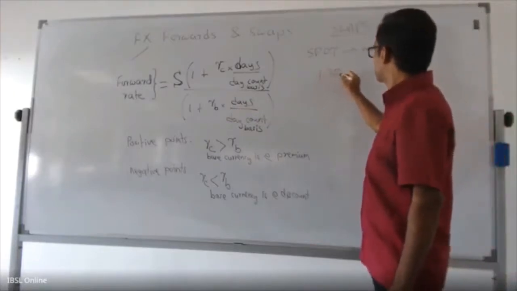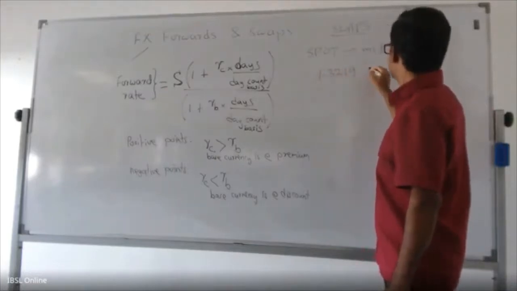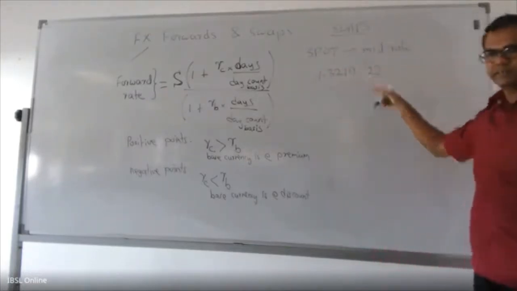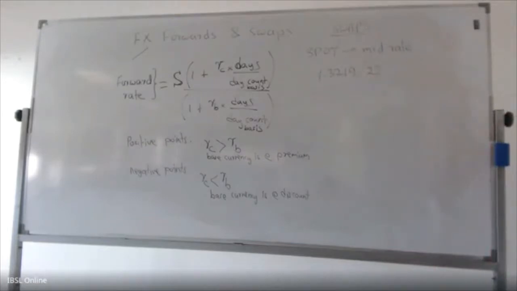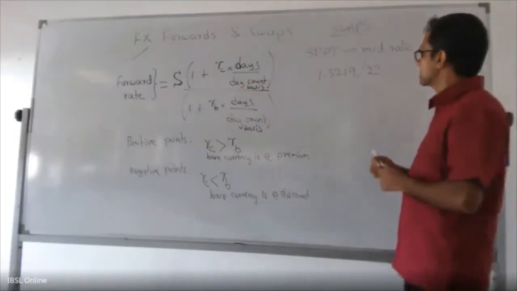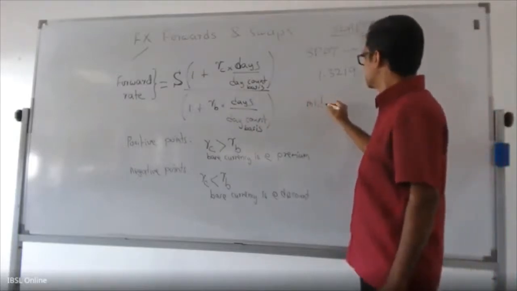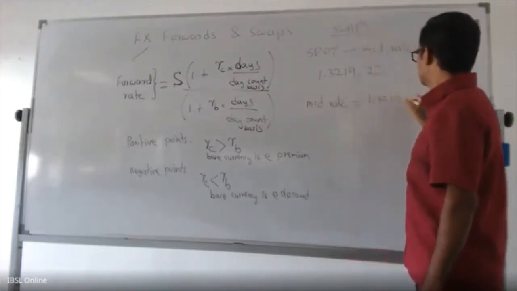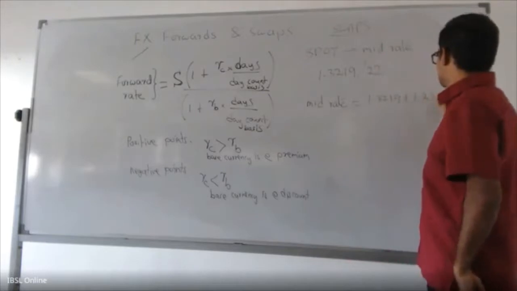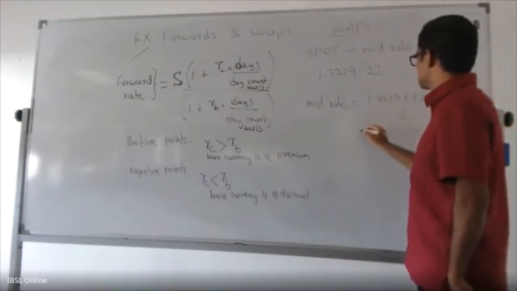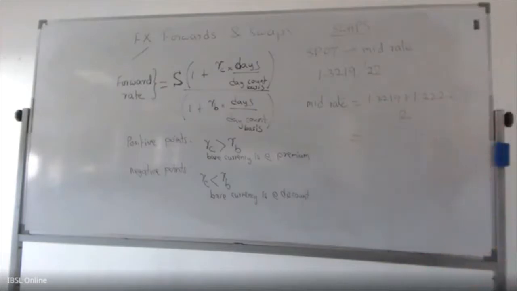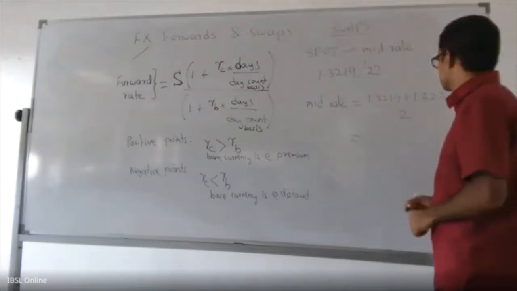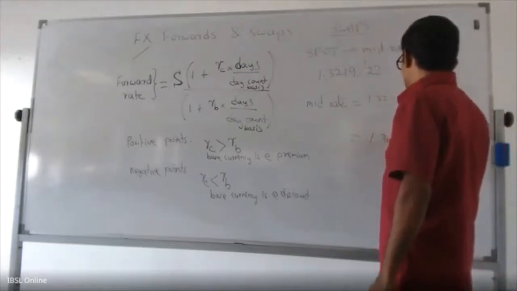In my previous example, these are the two rates, 19 and 22. What is the mid rate? What is the middle? 20.5.